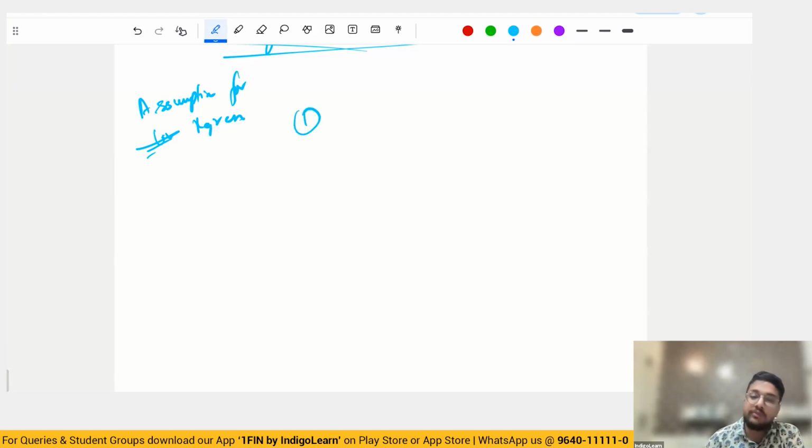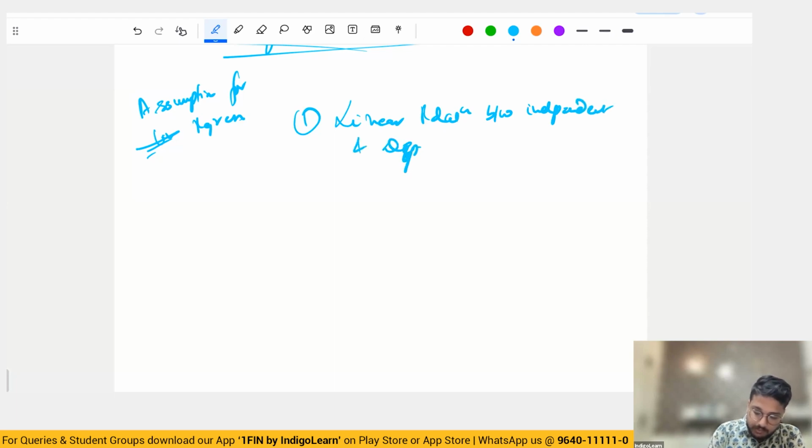So the first assumption was that there is a linear relationship between independent and dependent variable. What does it mean, sir?